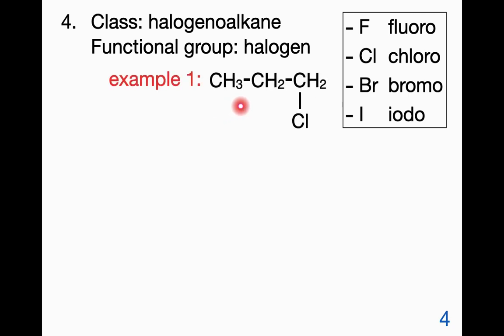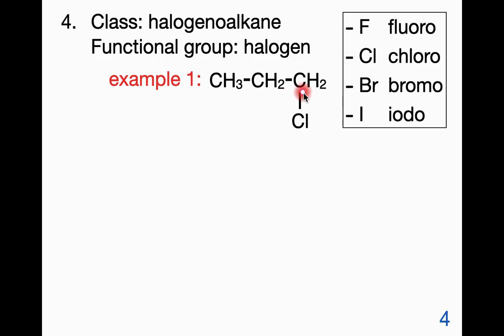Example. So here we have a 3-carbon chain, and off of it we have a chlorine. So we need to have a number to tell us where the chlorine is, because the chlorine could be off the first carbon or the second carbon. One of the nice things about the systematic naming system that we're learning is that once you kind of get the hang of it, you can predict what the name would be for a compound that you've never seen before.